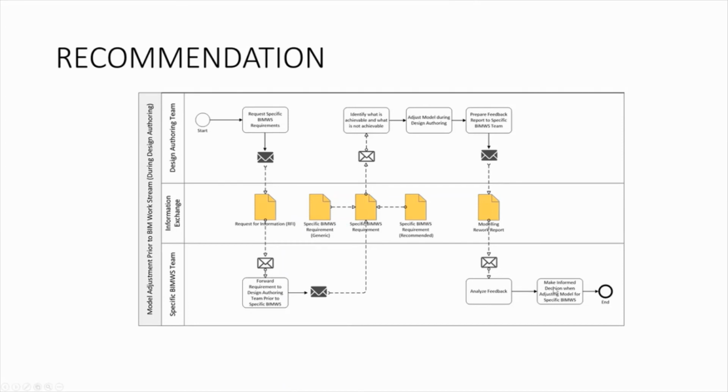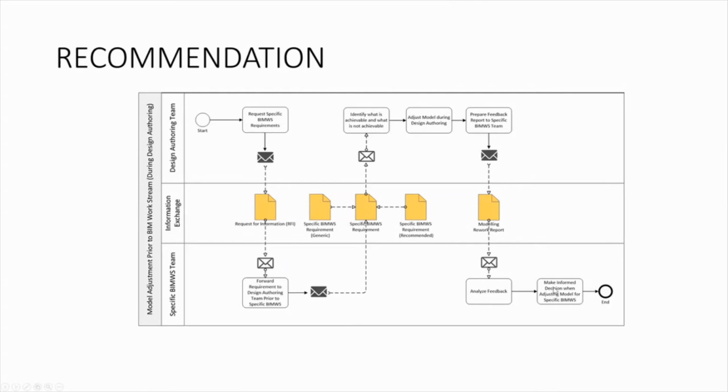So, for example, when you start, you request specific BIM use requirements. Before anything starts, you should know how many BIM uses you want for this project of yours. You can say, okay, I want energy analysis, I want clash detection, I want 4D modeling, and I want record modeling. Then you can send information to people who have done this before to tell you what the requirements of energy modeling, 4D, and record modeling are.